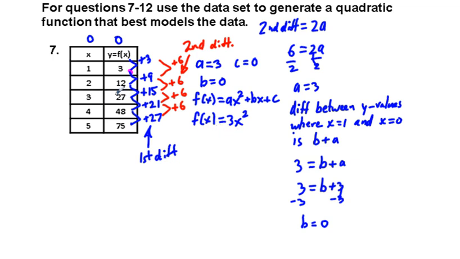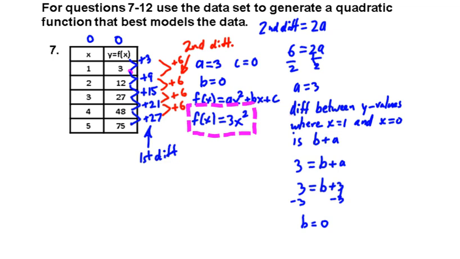If we plug in 1, 1 squared times 3 is 3. 2 squared is 4 times 3 is 12. 3 squared is 9 times 3 is 27. 4 squared is 16 times 3 is 48. And finally, 5 squared is 25 times 3. So this would be our correct quadratic function. f of x equals 3x squared.